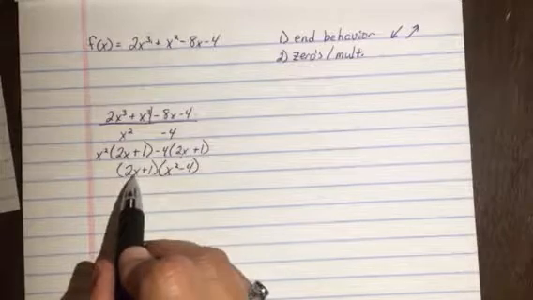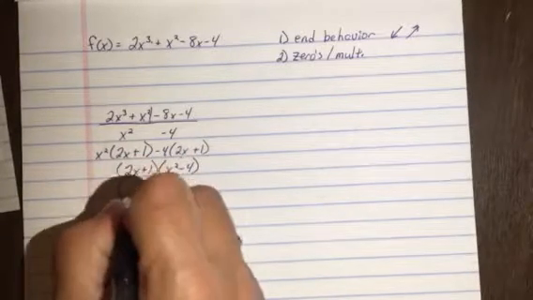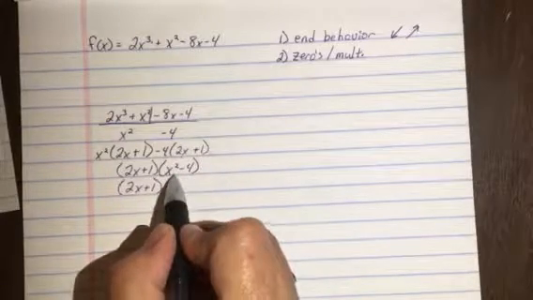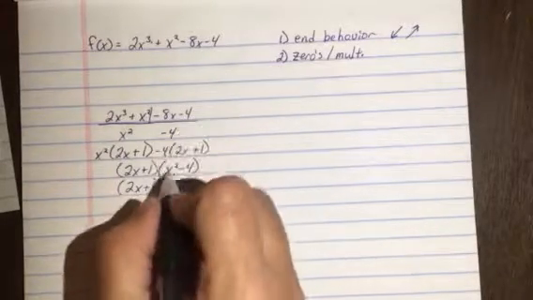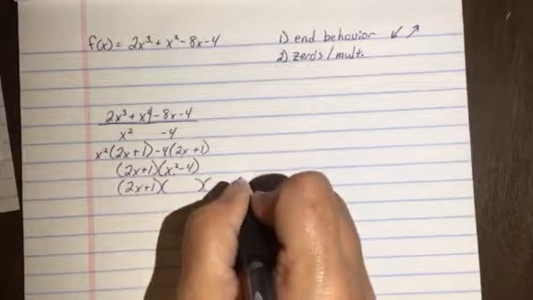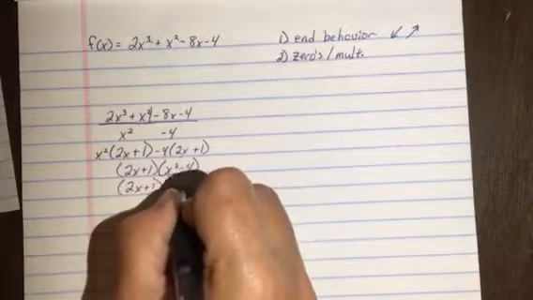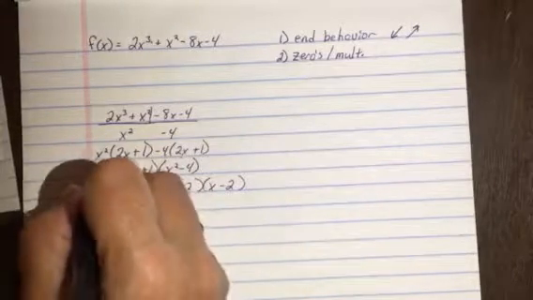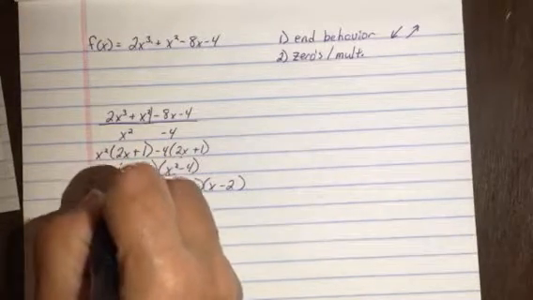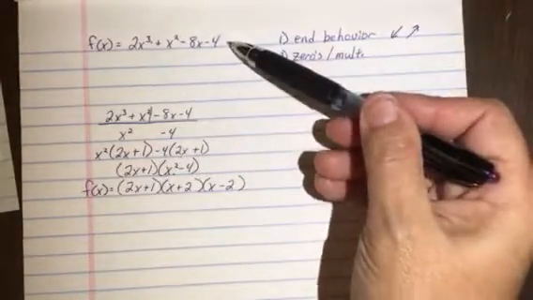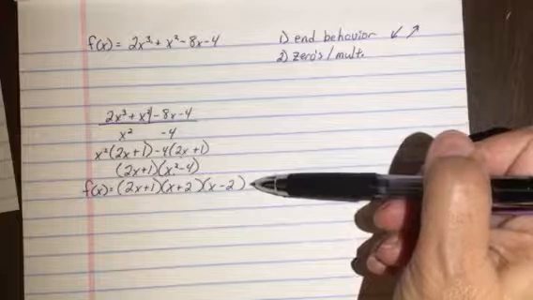I look. Factor further? Nope. Can I factor further? Yes. He's a difference of squares. So I have an x plus 2 and an x minus 2. So I went from his standard form to his factored form.